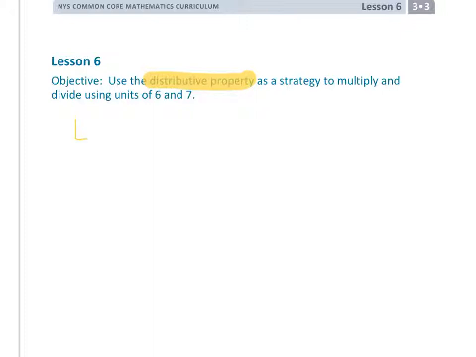That means if you have 4 times 3, and you're like, oh, I know that, that's 12, and you just solve it like that, you will not get credit for that because you are focusing on the distributive property.